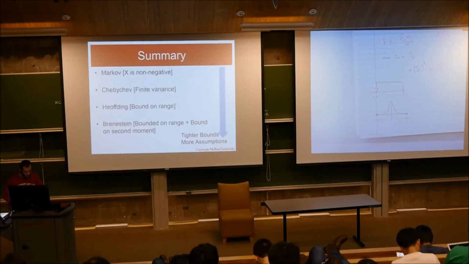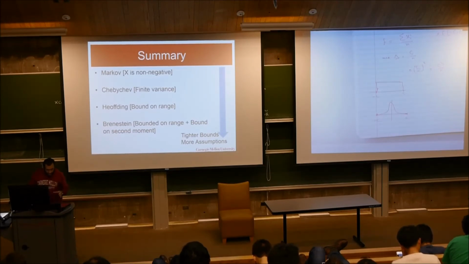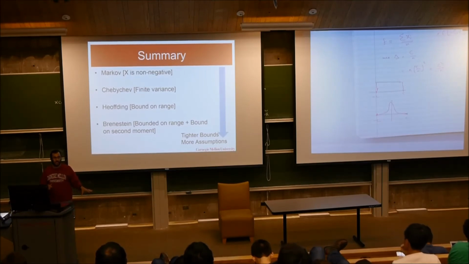Okay, so so far we have gone through a sequence of inequalities, and the basic idea was, the question was, I'm estimating stuff from data. How likely am I to be wrong? Right?